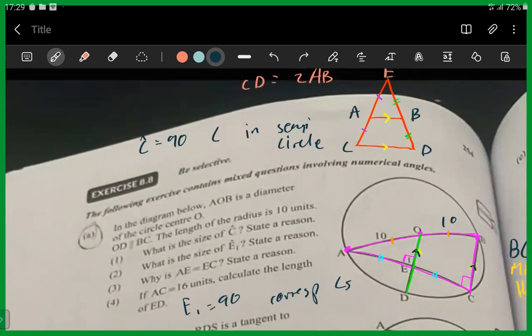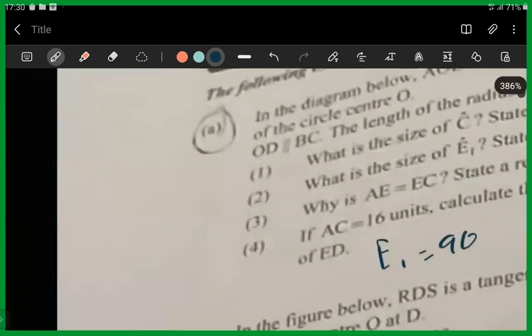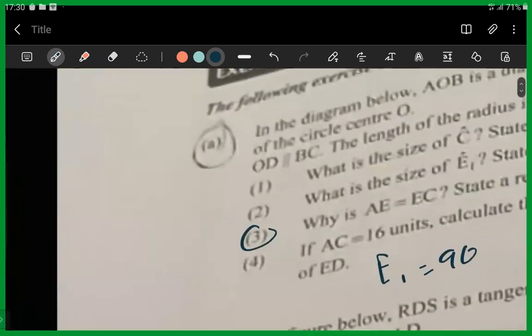So when you're going to give a reason why AE is equal to EC, you're going to talk about this line cutting this chord in half, or rather, cutting the chord at an angle of 90 degrees.